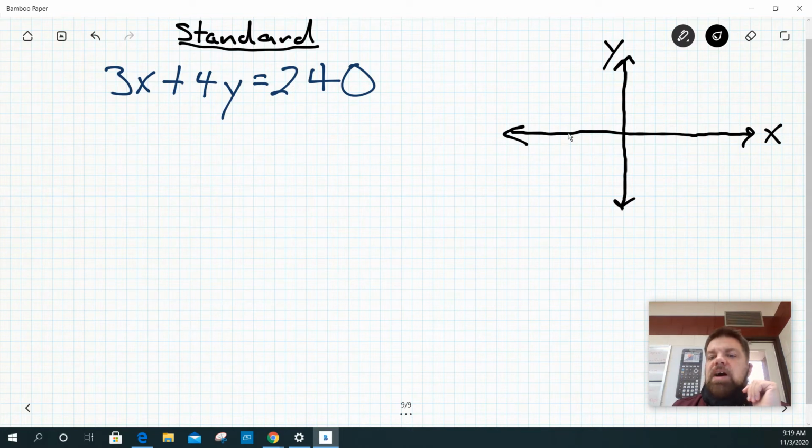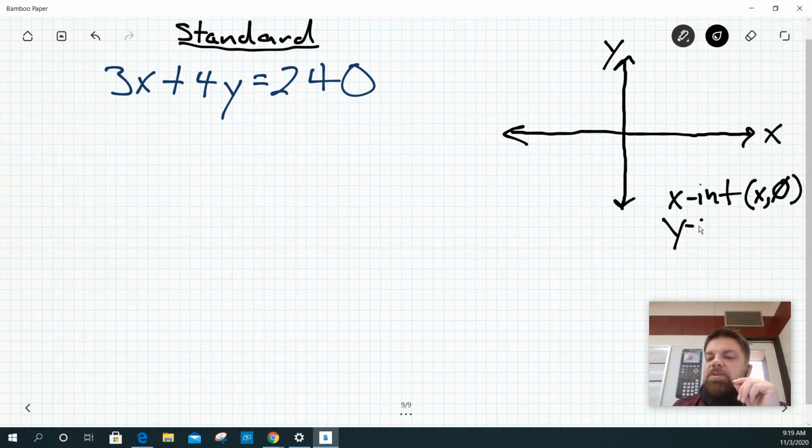In other words, if I'm on this line here, what is the y coordinate? How much do I go up or down? Well, that occurs when y equals 0. That means I don't go up or down, so that's when that occurs.